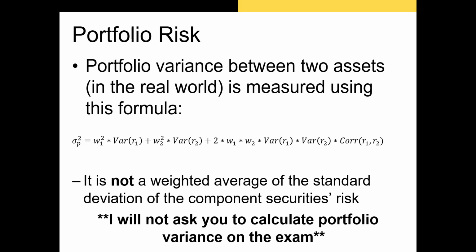Now, I've mentioned that combining securities into portfolios can reduce the total variability of the portfolio return. And you might be wondering how that can be done. The answer is fairly simple. The correlation coefficient is going to affect the portfolio variance, or what we're more focused on, typically the portfolio standard deviation.